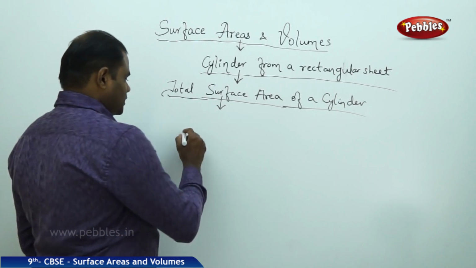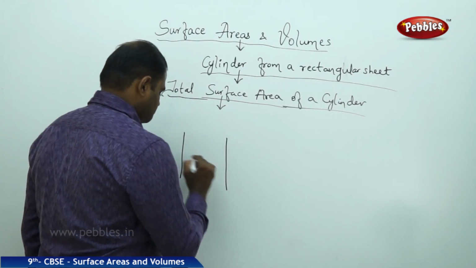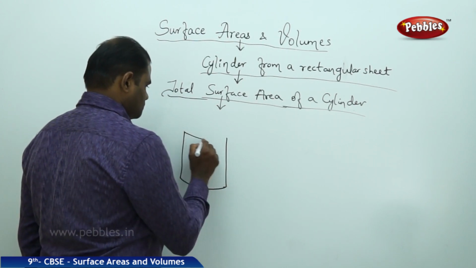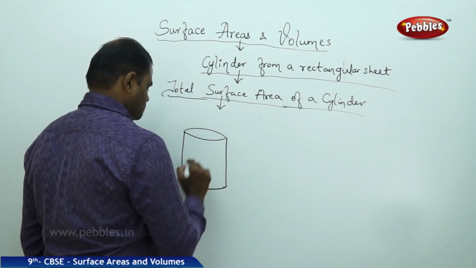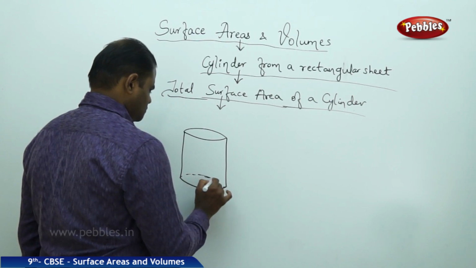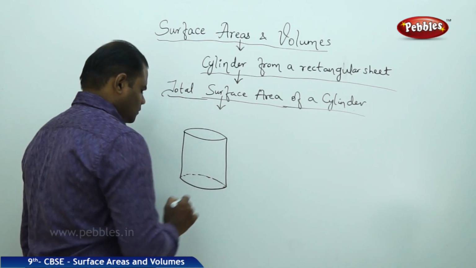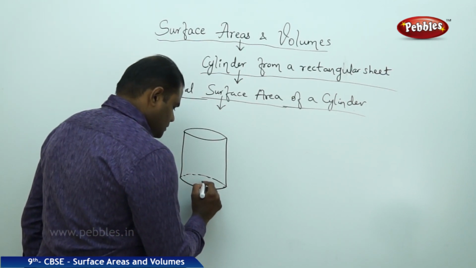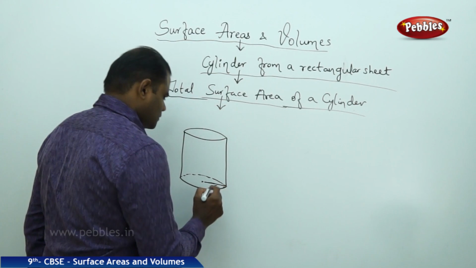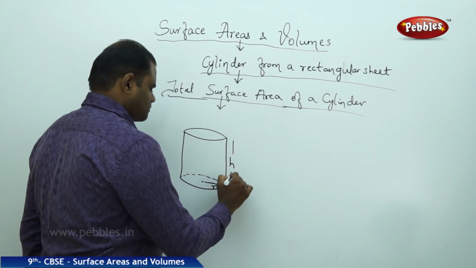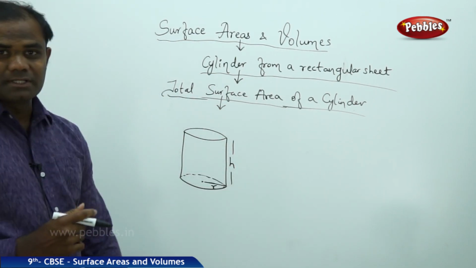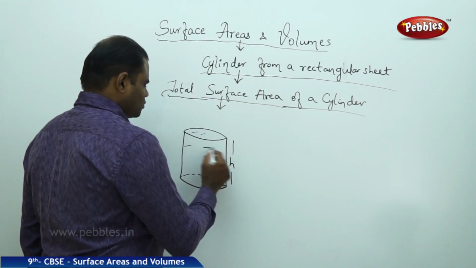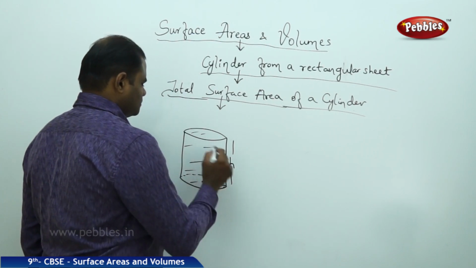So imagine I take a cylinder, and the radius of the cylinder say is r and the height is h. Now the difference is that this cylinder is closed both at the top and bottom.